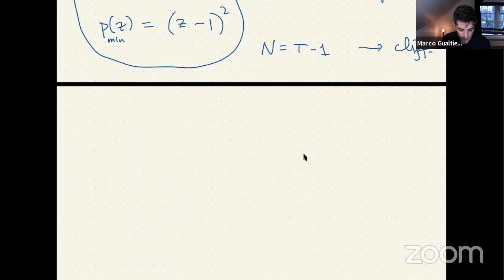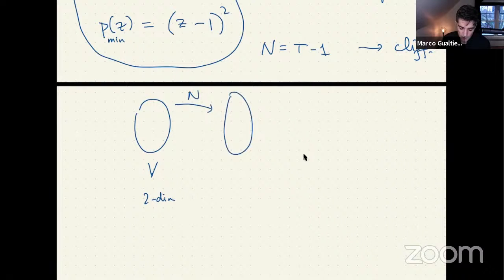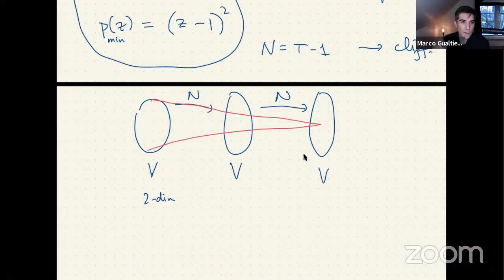There's a two-dimensional space. V is two-dimensional. I apply N once. It's a map from V to V. I apply N again from V to V. I get 0. So everything in V is sent to 0 when I apply N twice.